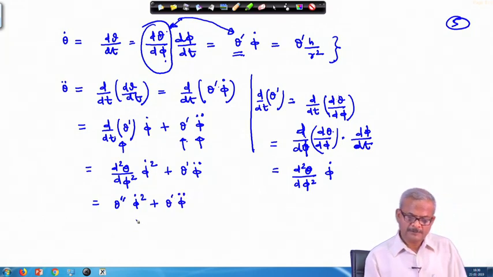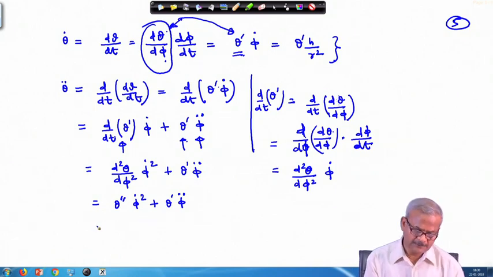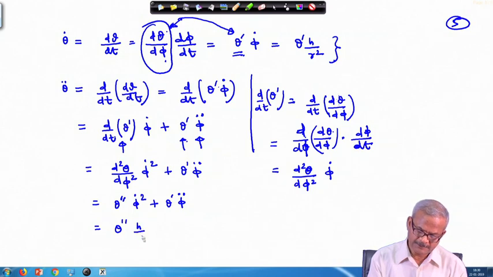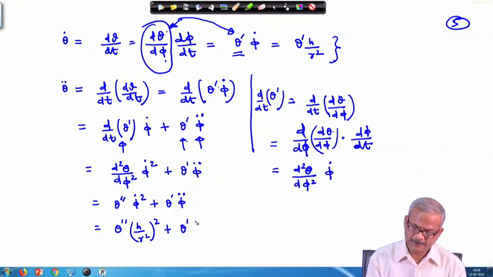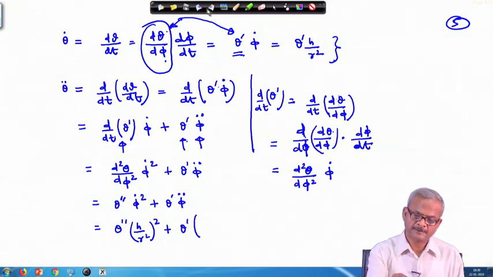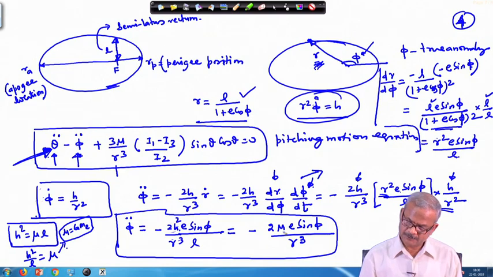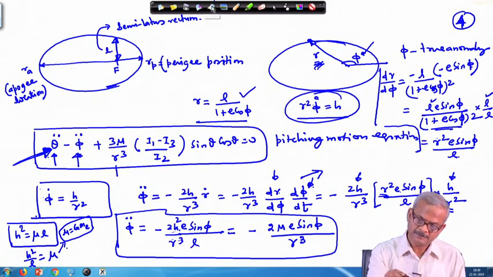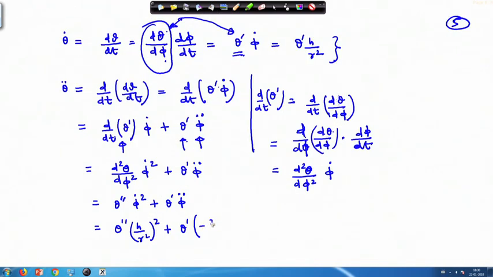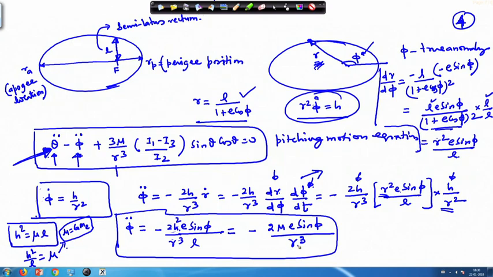phi double dot. So, now look into this, all these quantities are known to us. So, theta double prime and phi dot equal to h by r square, so this becomes whole square, and theta prime and phi double dot we have just now derived. This is minus 2 mu e sin phi divided by r cube.